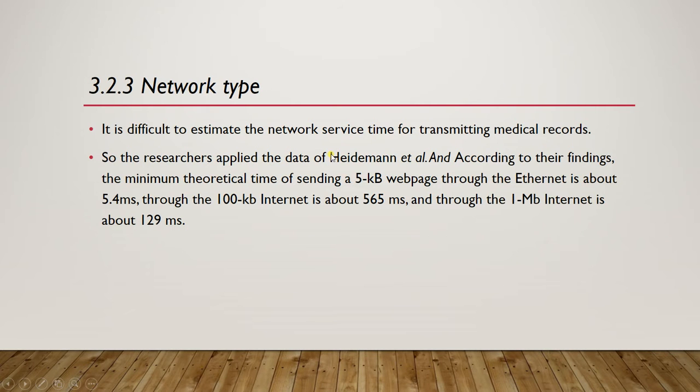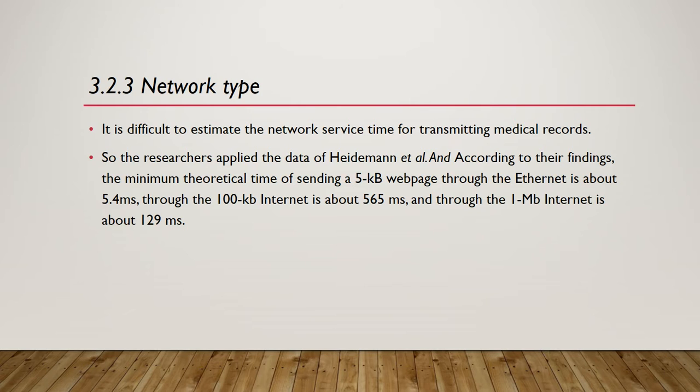The third is the network type. Actually, it is difficult to estimate the network time, so the researchers applied the data of Hedman's, and according to their findings, the minimum theoretical time of sending a 5 kilobyte web page through the Ethernet is about 5.4 milliseconds.